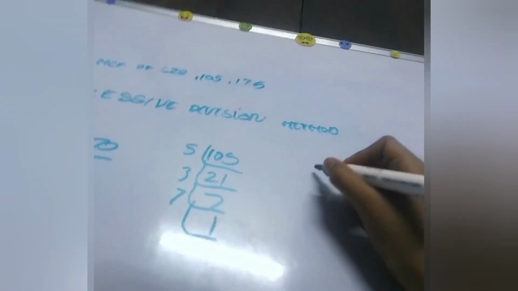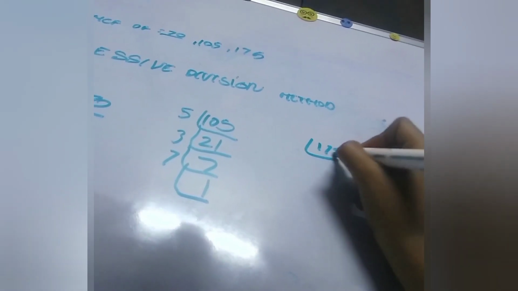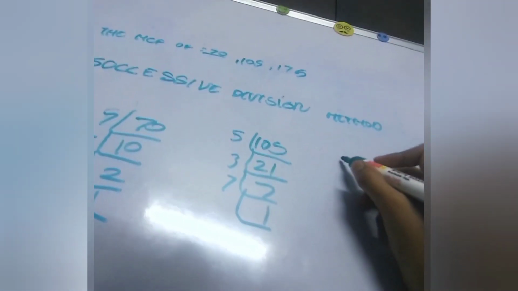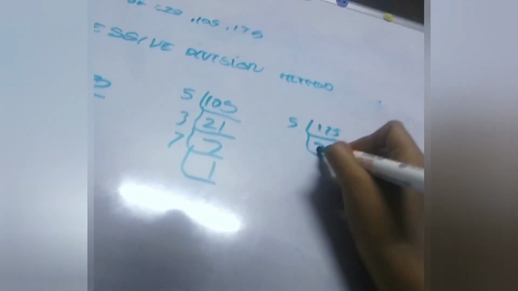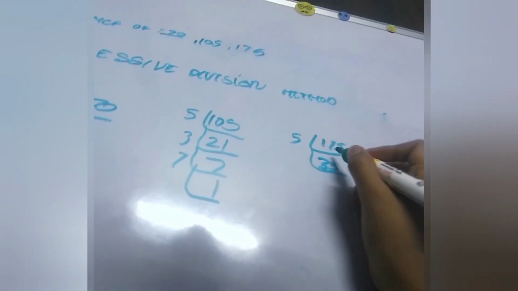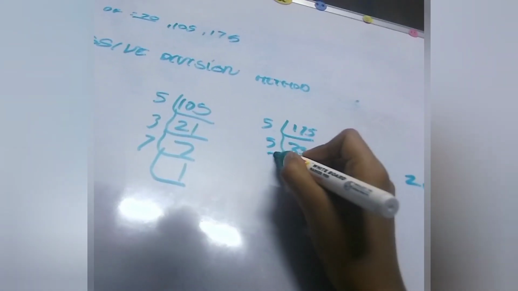Okay, now 175. It would be 5 into 35. 5 35s are 175. Then 5 7s are 35. Then 7 1s are 7.